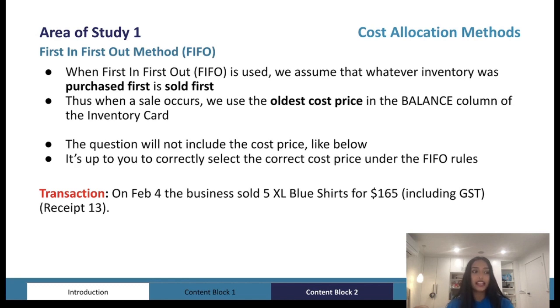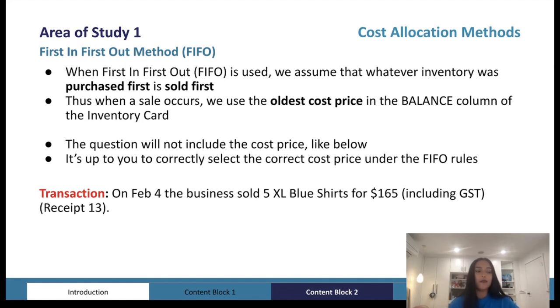All it means is, from the standpoint of us, the accountant, we are assuming, and because we are assuming that, the report will reflect that assumption that any inventory that is purchased first will be sold first. So basically, the older inventory that has been on hand for longer is being assumed to have been sold first.